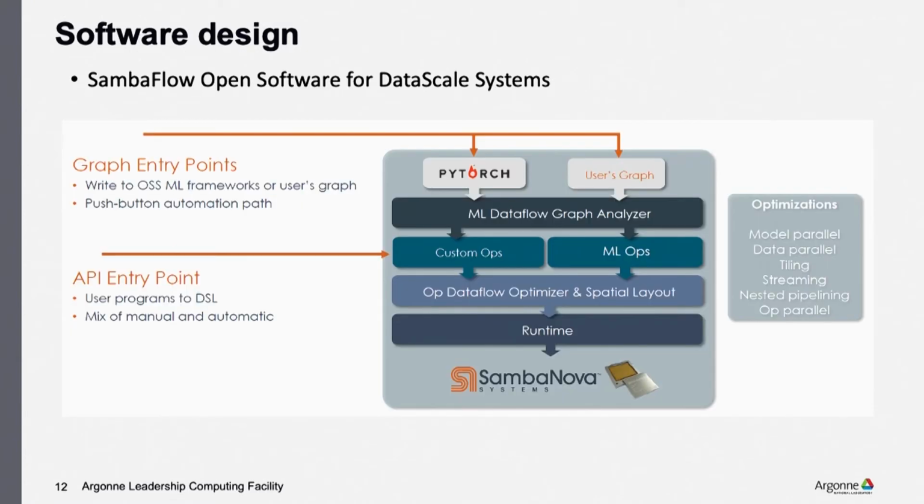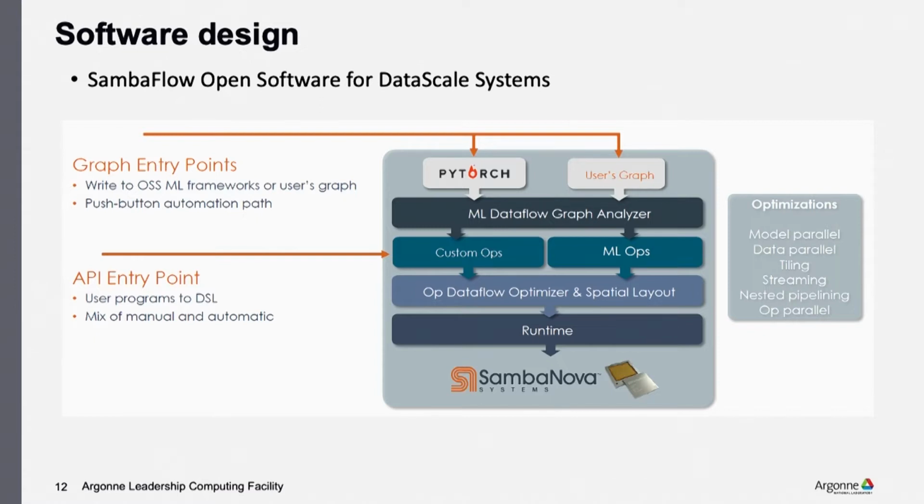And this is the higher level architecture of the SambaNova software stack. As you can see, if you have a model, you can just write a script very similar to PyTorch for your model.